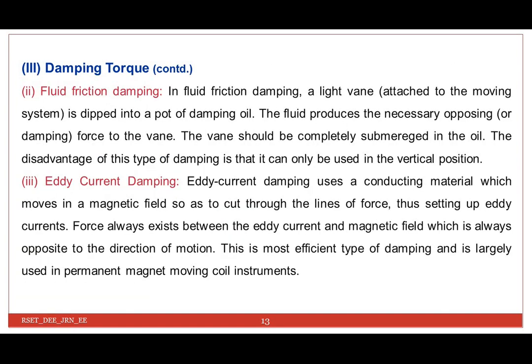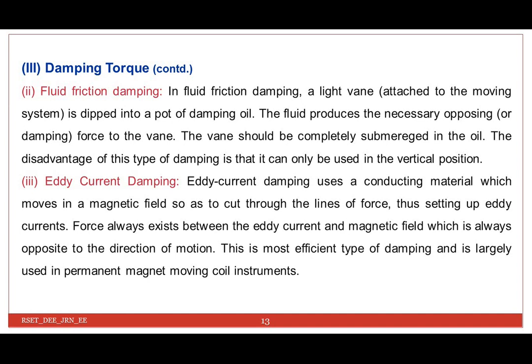The second type, fluid friction damping, uses a light vane attached to the moving system and dipped into a pot of damping oil. The fluid produces the necessary opposing force to the vane. The vane should be completely submerged in the oil. The disadvantage of this kind of damping is that it can be used only when the instrument is in vertical position.